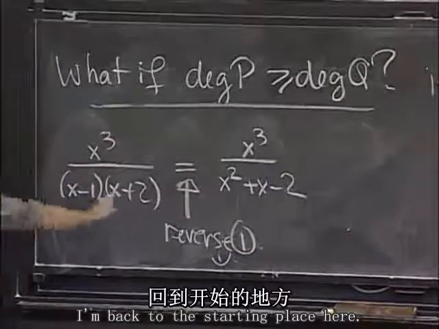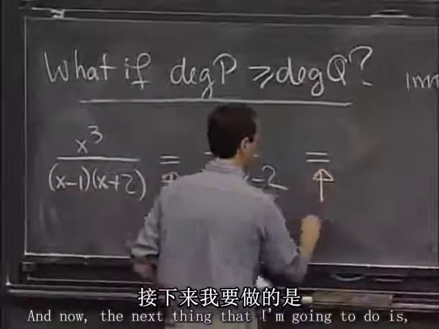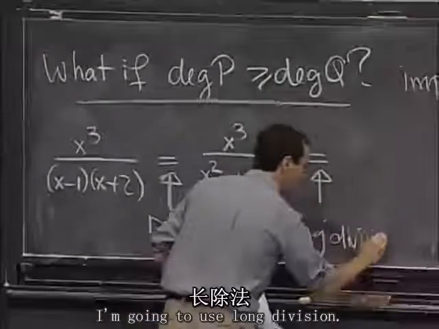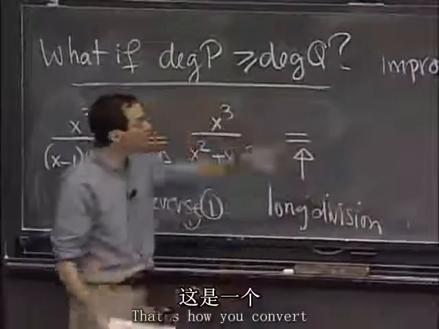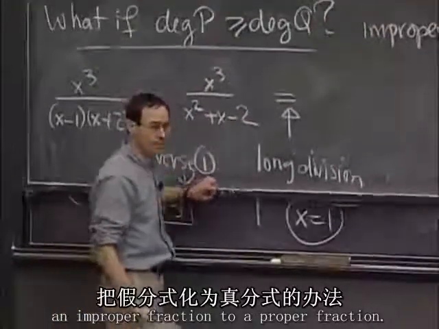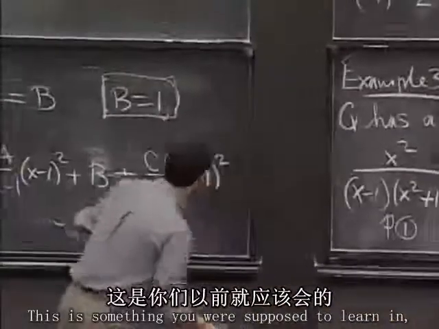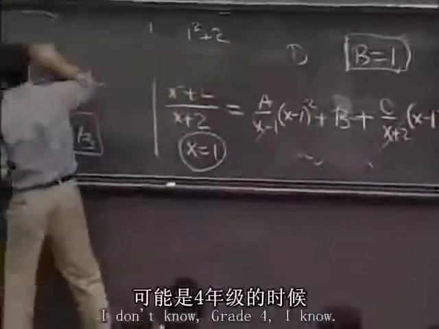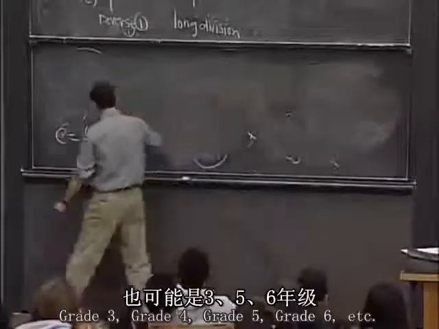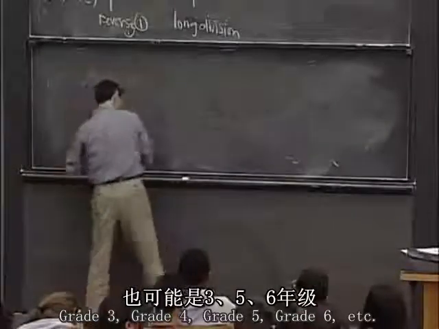And now, the next thing that I'm going to do is use long division. That's how you convert an improper fraction to a proper fraction. This is something you were supposed to learn in, I don't know, grade 4, grade 5, grade 6, etc.